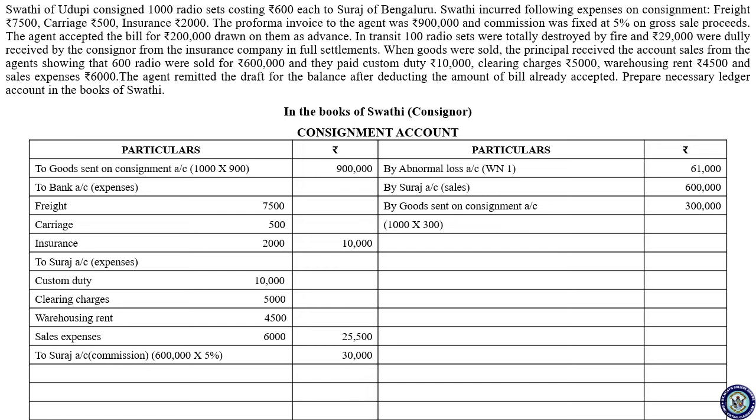So 1,000 units of goods consigned and the loading price is 300. Next, you write the consignment stock, that is working note number 2.